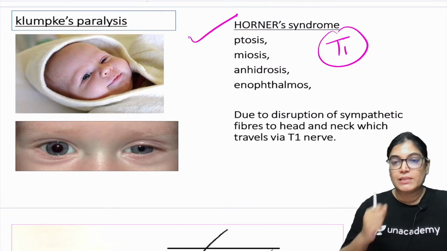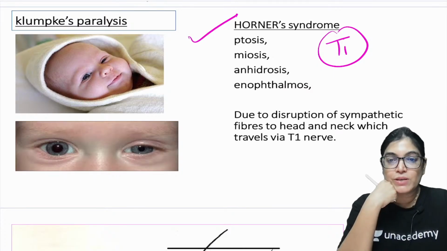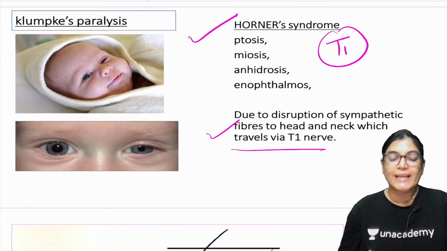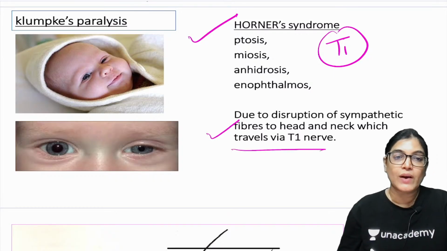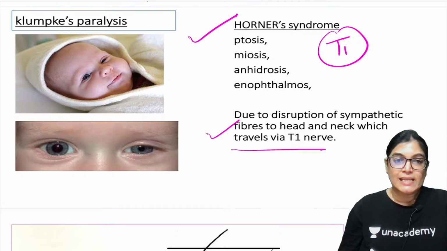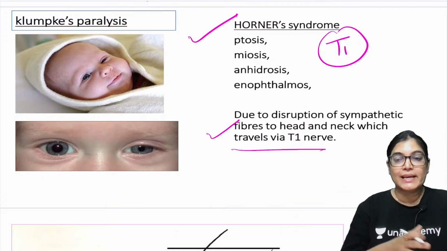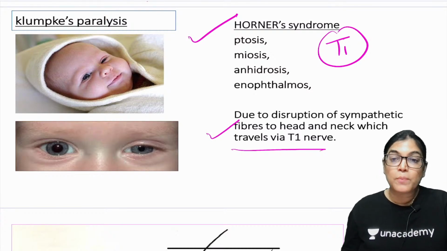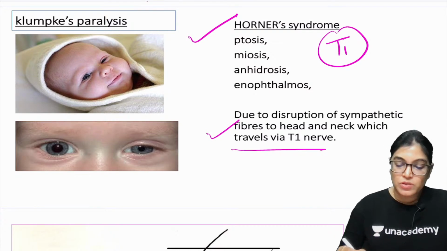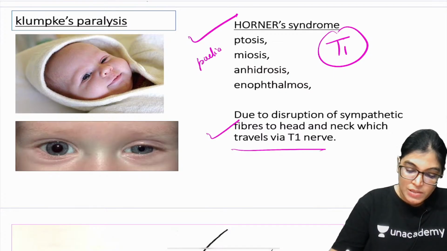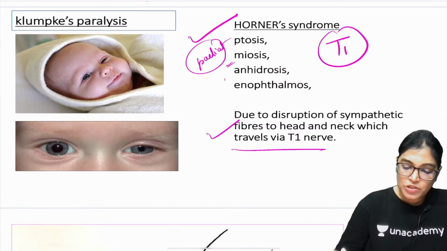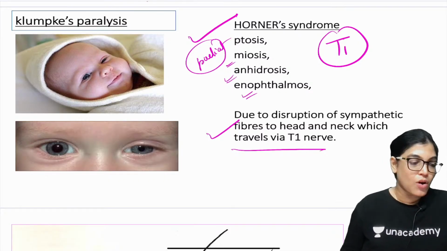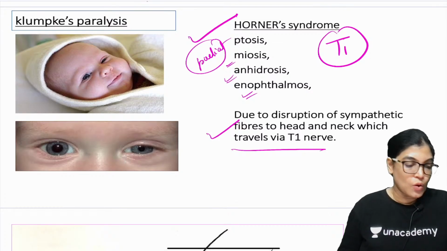Because of disruption of these sympathetic fibers, which travel via the T1 nerve, a feature seen in lower trunk palsy but not in upper trunk palsy is Horner syndrome: ptosis, drooping of the upper eyelid, partial ptosis, constriction of the pupil, anhidrosis (absence of sweating), and sunken eyeball. These features will be seen in lower trunk palsy.